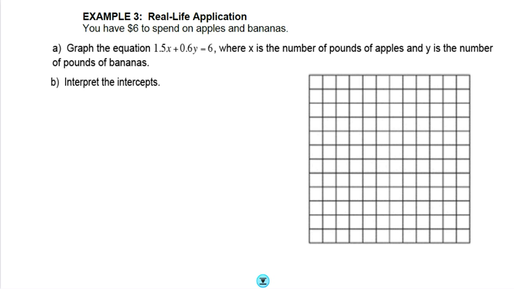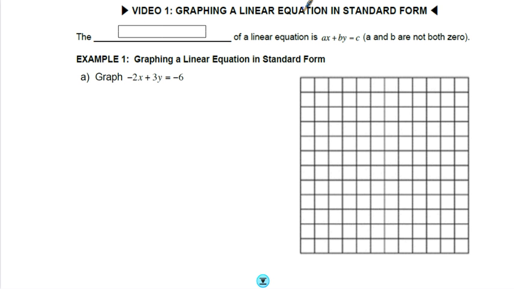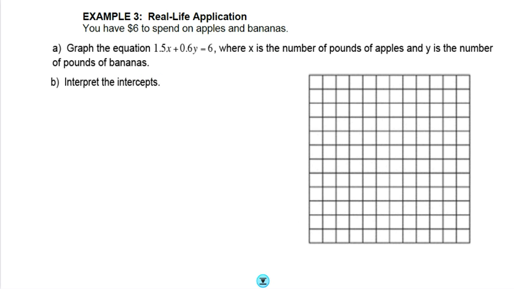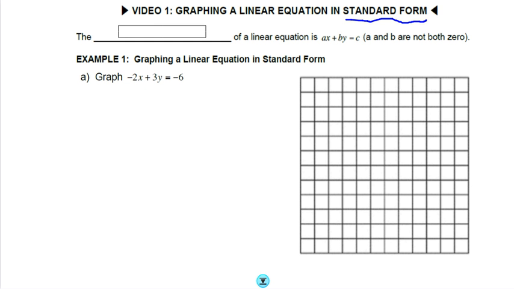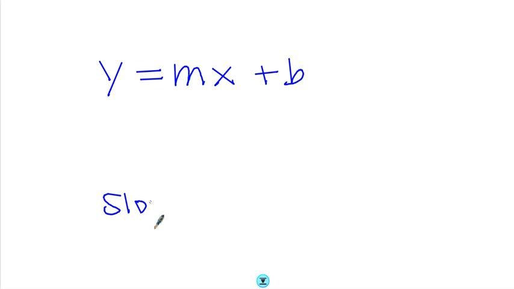All right, so in this video lesson, we are going to graph lines by using what's called standard form. Now, standard form is different from what we previously have done. For example, we've done y equals mx plus b, which was called slope-intercept form.